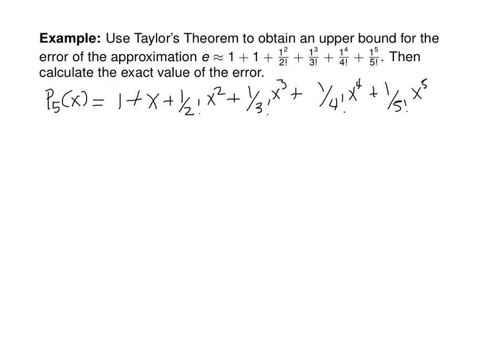And the number that's been plugged in is 1. So they have found P5 of 1, which is an estimate of e to the 1 power, or e.